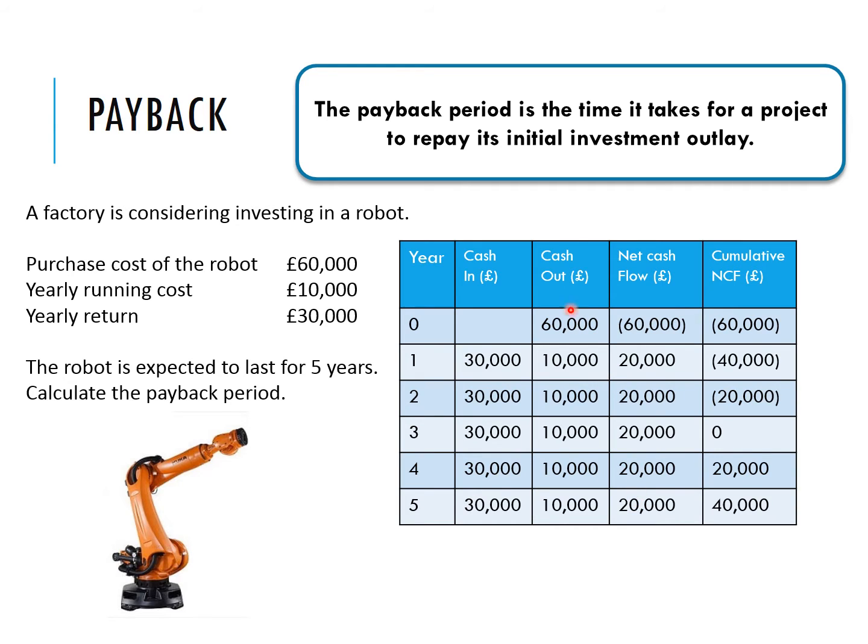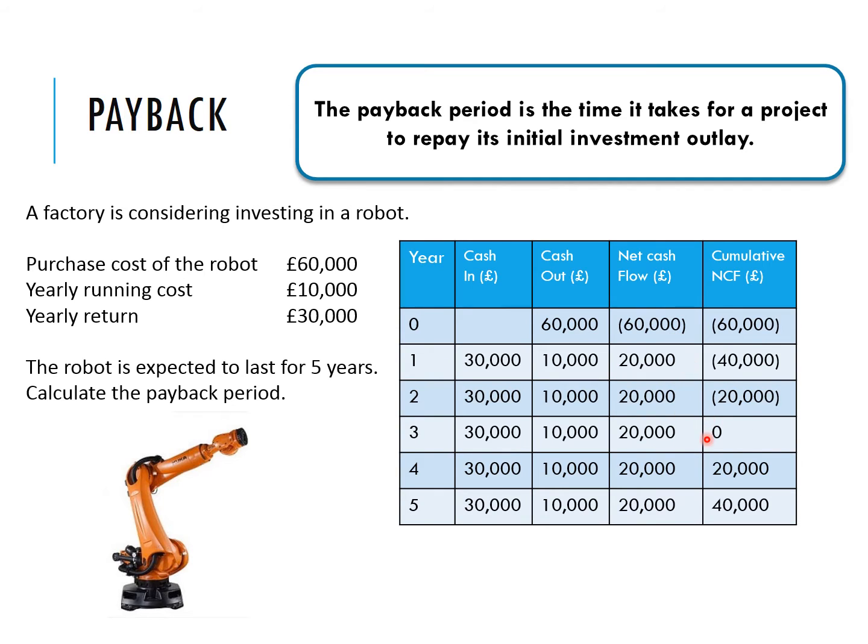So the question would be, how long does it take for the robot to repay its initial investment? Well, after a year, we've had 20,000 come back in, but we spent 60,000 on the robot, so it hasn't recovered it. We've still got 40,000 to go. After year 2, we've had 40,000 come in. That doesn't quite cover the 60,000 we spent, so we've still got 20,000 to go. By the end of year 3, we've had 60,000 come in, which covers the initial 60,000 we spent.